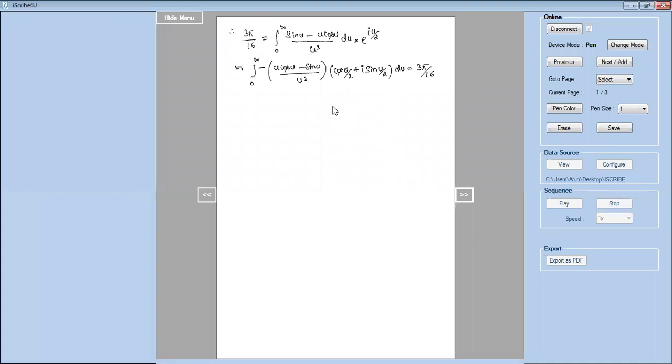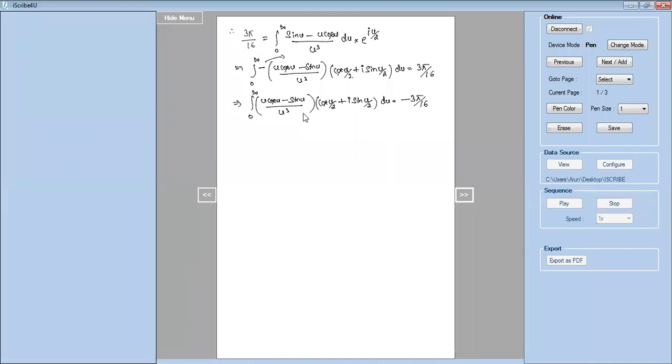Now this minus we transfer to the right hand side. It becomes the integral from 0 to infinity of (u cos u minus sin u) divided by u cubed into (cos(u/2) plus i sin(u/2)) du equal to minus 3 pi by 16. Right, so this is what we got by taking the minus to the right hand side.